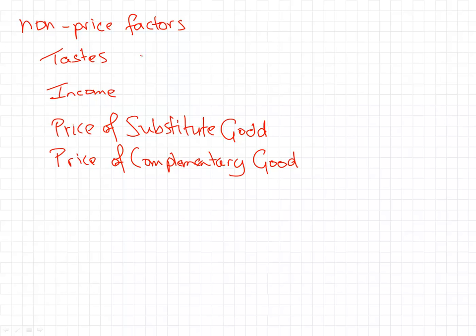So just to summarize it, if people's taste for a good grows, then it's going to cause demand to rise. If people's income rises, then again, demand for a good will go up, because we've got more disposable income, people will spend more on the good.